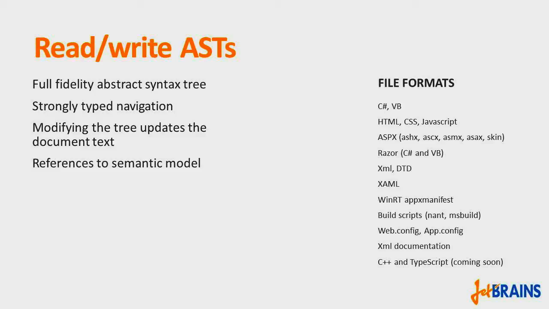And then the most powerful thing is that it builds references to a semantic model. So it's all well and good having a syntax tree which understands that Console.WriteLine(value) is a call, breaking that down into its syntax, knowing that it's a method call on WriteLine, passing in the parameter value.